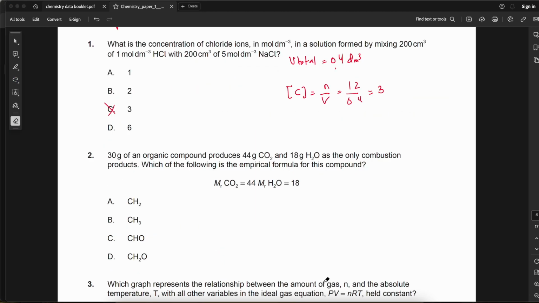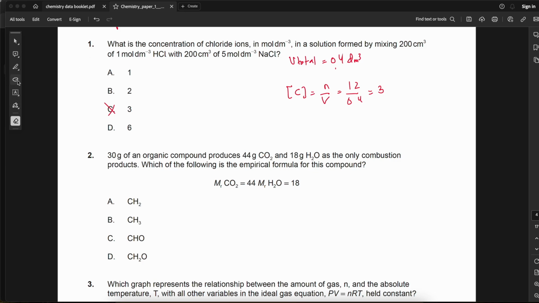Okay, number 2. 30 grams of an organic compound produce 44 grams CO2 and 18 grams H2O as the only combustion products. Which of the following is the empirical formula of this compound?